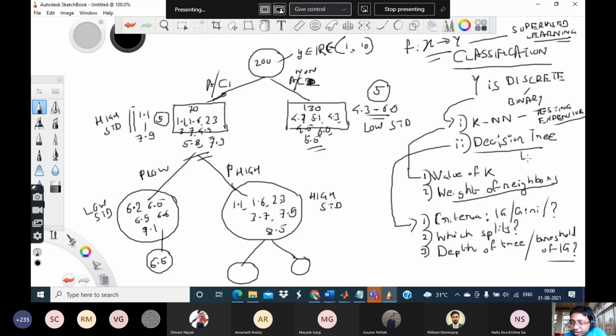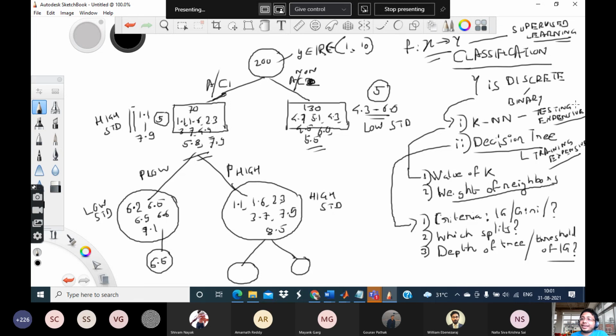So in case of decision tree, training is expensive, but testing is almost free. In case of k-nearest neighbor, training is absolutely free. That is, you hardly do any training at all. Whatever data points you have, you use all of them for your purpose.